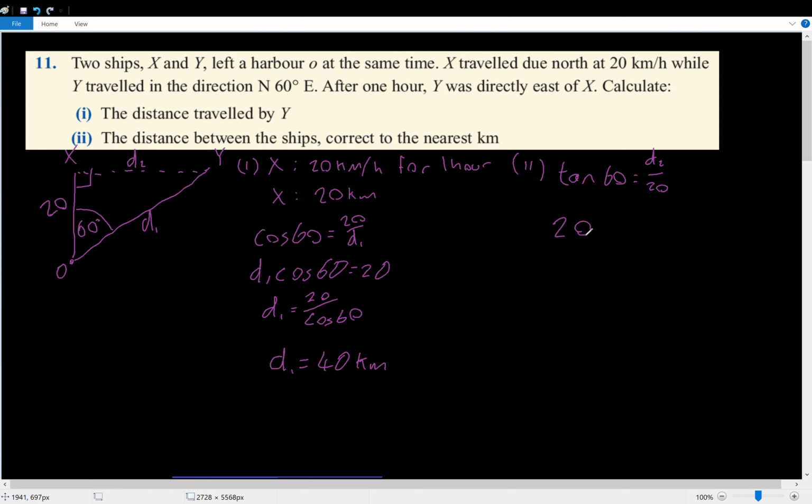So we have 20 tan 60 is equal to D2, which means that D2 is going to be equal to 34.641... We don't need to necessarily get the rest of them because the question specifically asked for a correct to the nearest kilometer. So that means that D2 is going to be approximately equal to 35 kilometers, like that. And that is that.